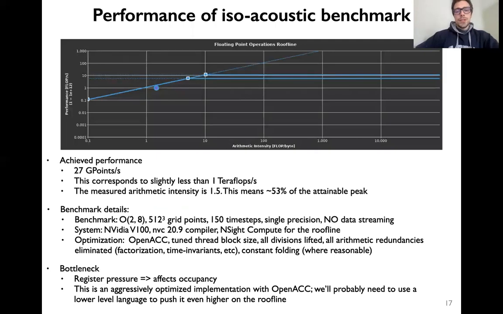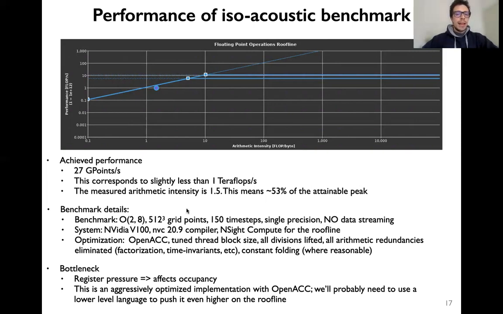Just a few words to conclude about the performance that we got. This is an isotropic acoustic benchmark that we ran on an NVIDIA V100. Here are the details of the benchmark, and the key number to notice is that the kernel runs at 27 gigapoints per second, which corresponds to about 53% of the attainable peak on the roofline.